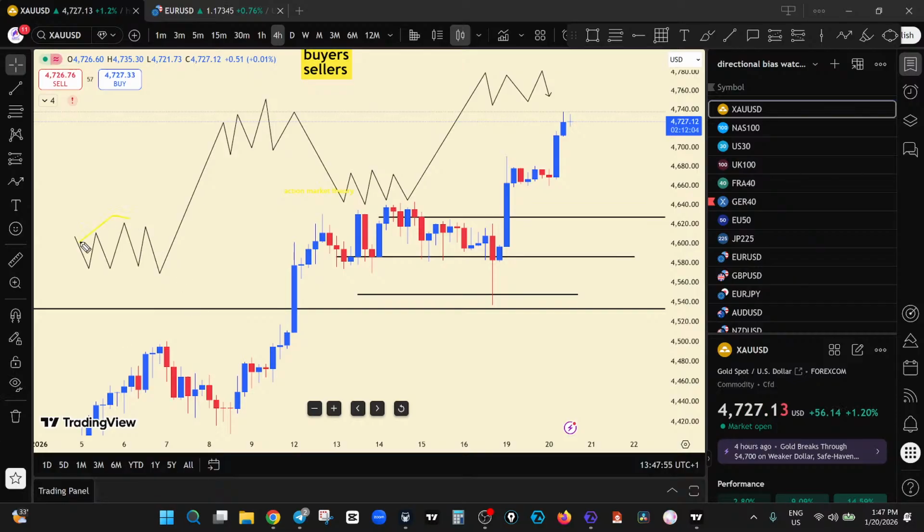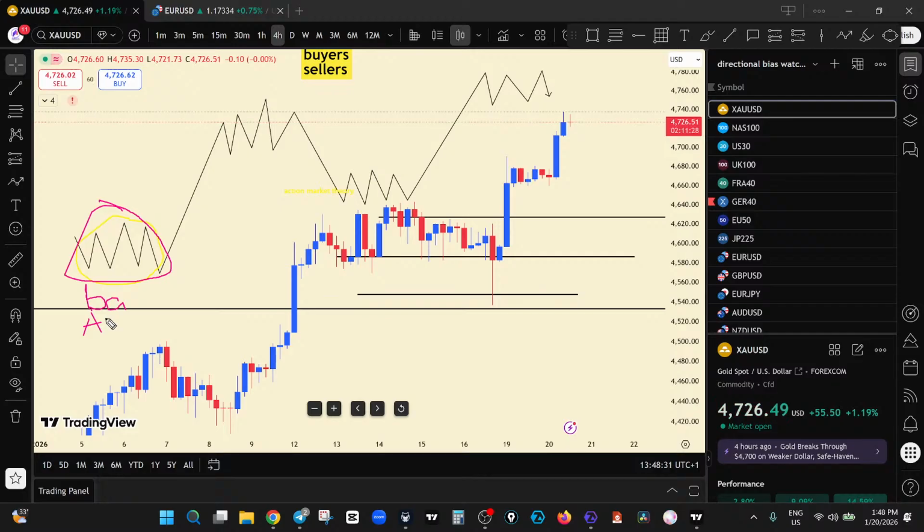Whenever you see the market consolidate, what should come to your mind is called balance, or acceptance. Acceptance means the big players have accepted that price.